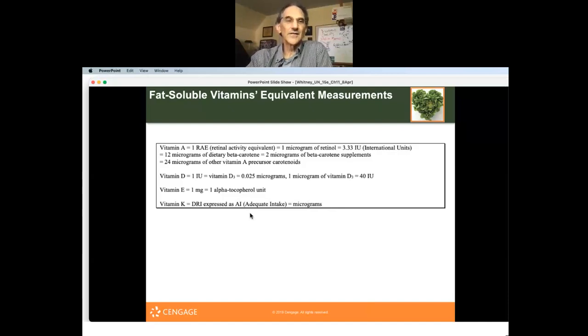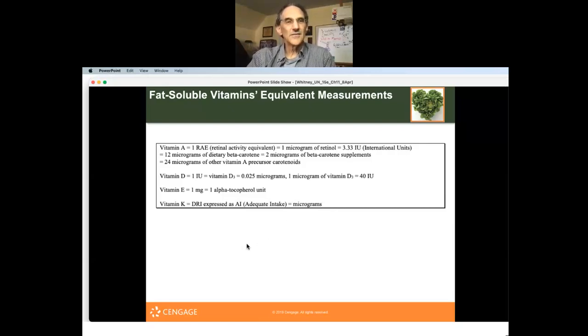Micrograms are extremely small when compared to when we talk about macronutrients, which are in grams. We talked about some vitamins that are relatively high in terms of amounts, and that would be in milligrams. These we're talking about in micrograms, which is 1,000-fold lower than milligrams. Vitamin D is also in international units of vitamin D3 equivalents.